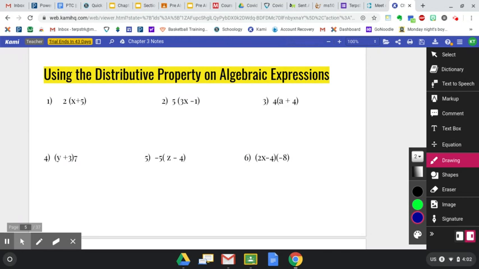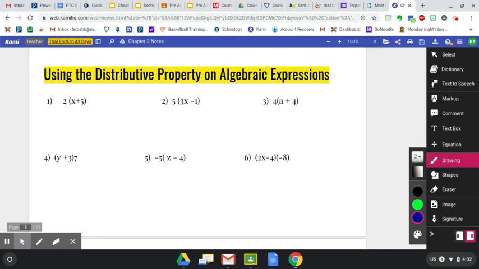All right, using the distributive property on algebraic expressions. This is where you have to use the distributive property because I can't combine a variable plus a number.